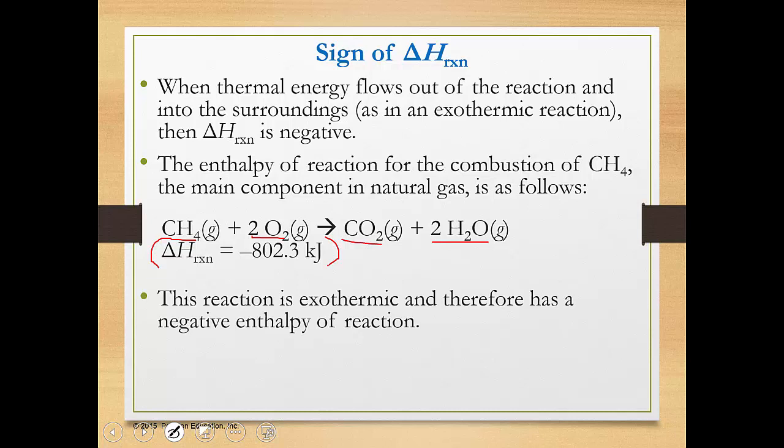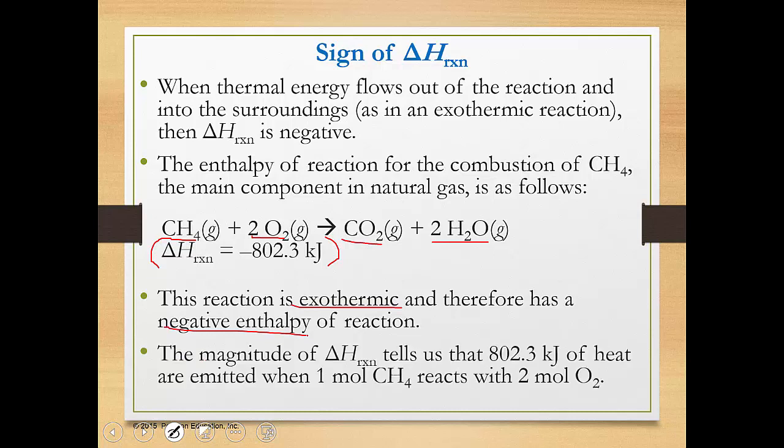Because it is negative, that tells us that this is an exothermic reaction. Okay, it's exothermic, negative enthalpy of reaction. We know that a combustion is exothermic. We know when we burn something, it gets hot. It gives off heat to its surroundings. And if we're part of the surroundings, we feel that heat.